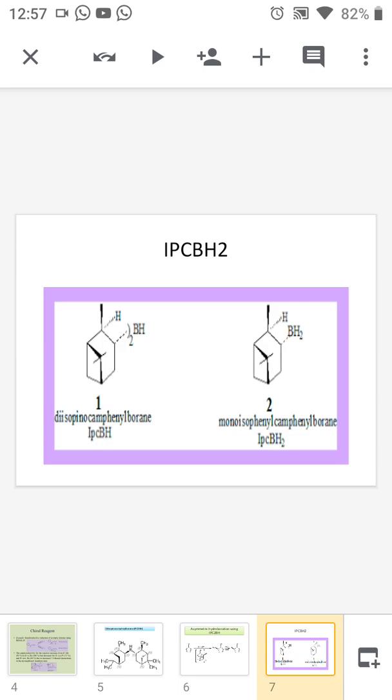And next is the IPCBH2. We know that this is the IPCBH2.